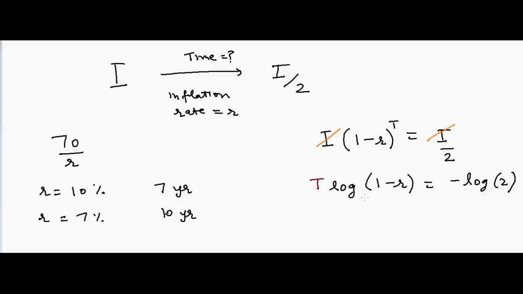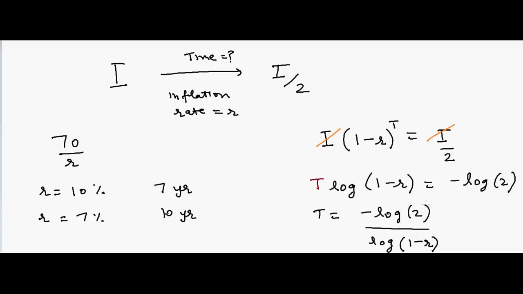So t will be equal to minus log of 2 divided by log of (1 minus r).